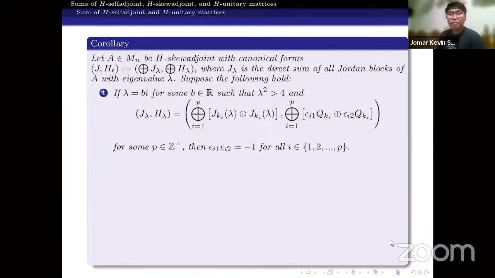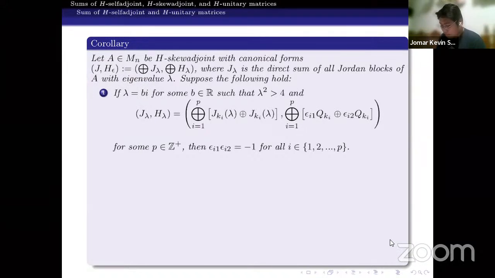Tama po, ma'am. So, typo. Hindi ba less than 4? Dapat less than 4. Sorry po. Ayun. Thank you po, ma'am, sa pag-point out. Tama, kasi lambda equals bi. So if we square lambda, it should be always negative.